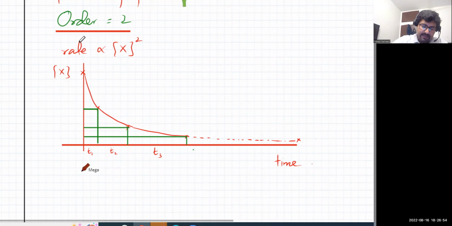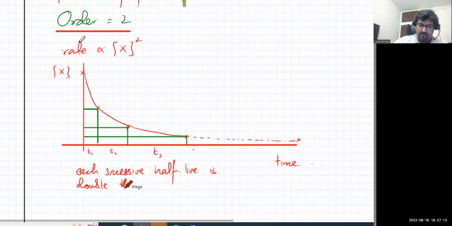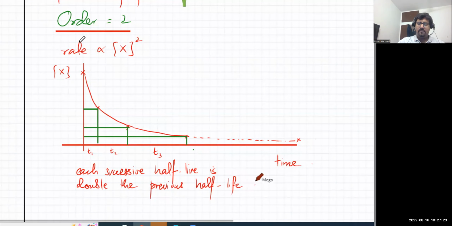So each successive half-life is double the previous half-life.